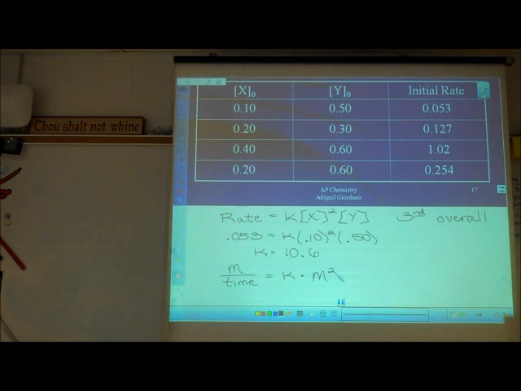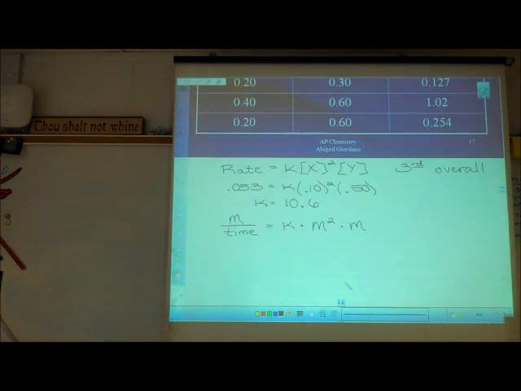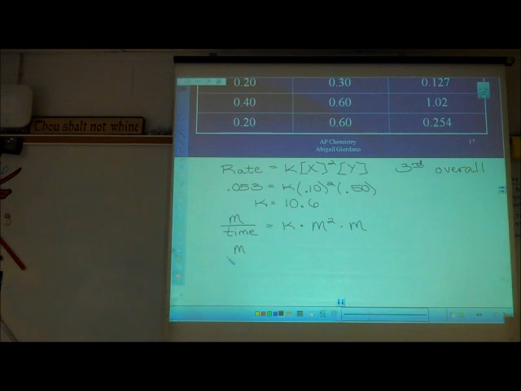This molarity is being squared. And this is a molarity to the first power. I'm just going to simplify this a little bit. Do you all see? I've just simplified it. I haven't changed anything. I just combined these two together.